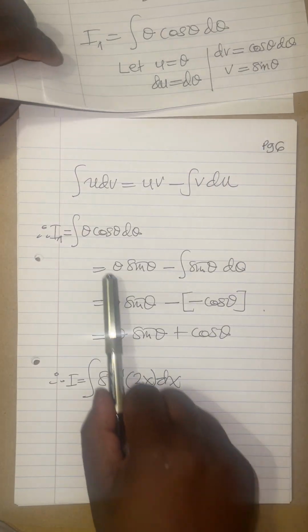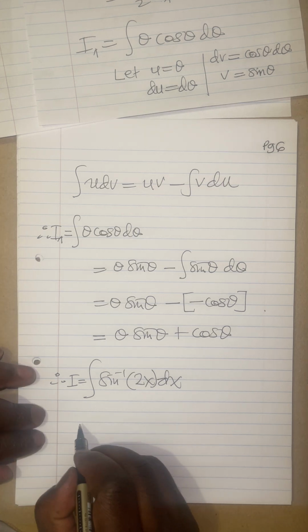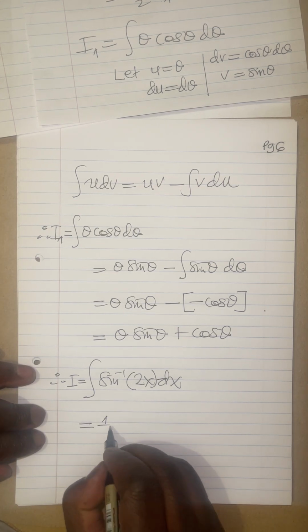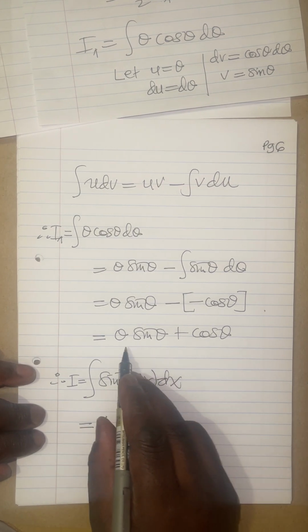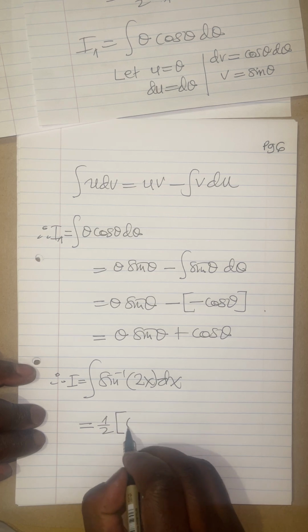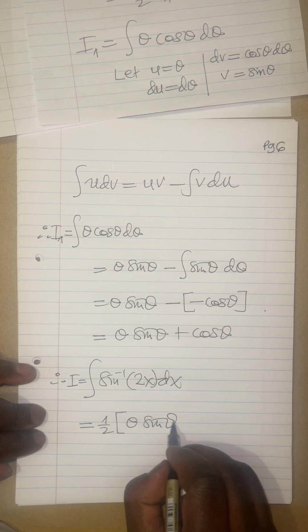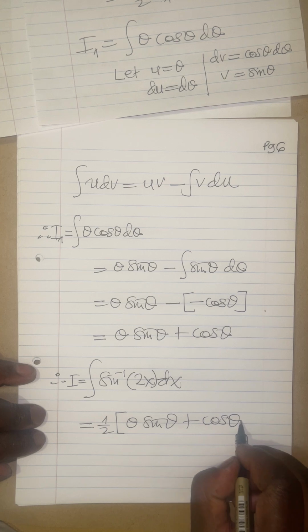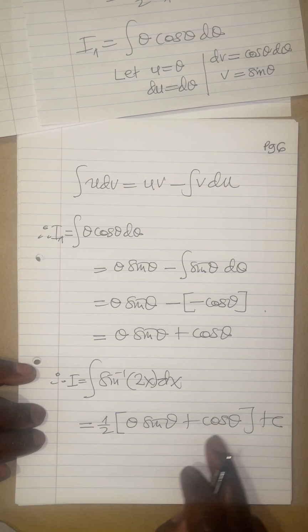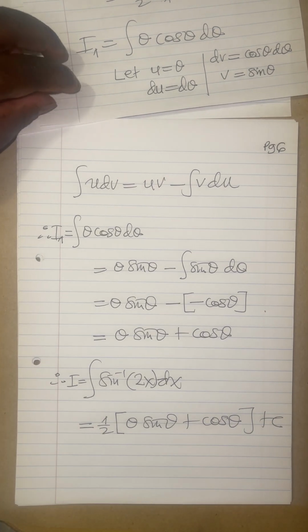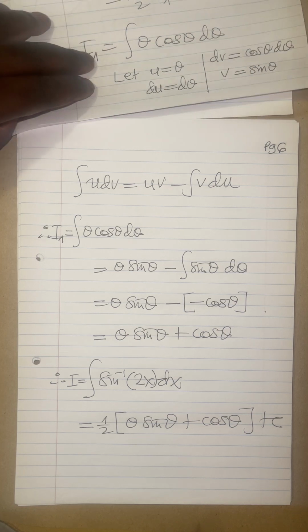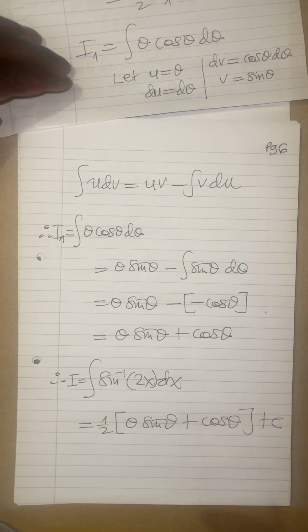And what is I1? There is our I1. So this is going to be equal to half of I1, and our I1 is this expression. I'm just going to go straight to say theta sine theta plus cos theta, and then I must say plus c. But we must get rid of this variable and go back to our original variable. What is our original variable? Well, our original variable is x.